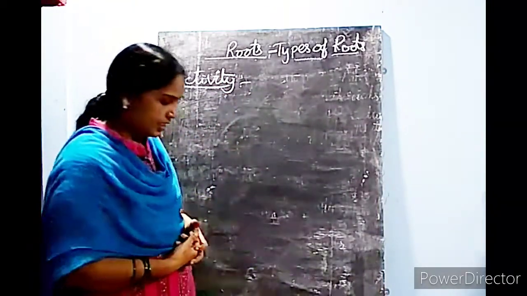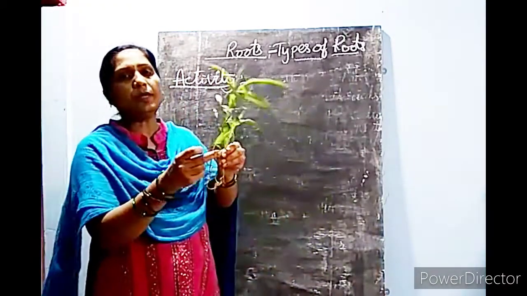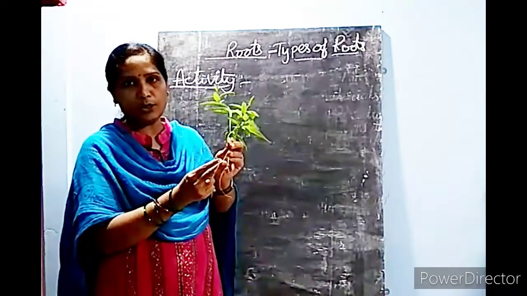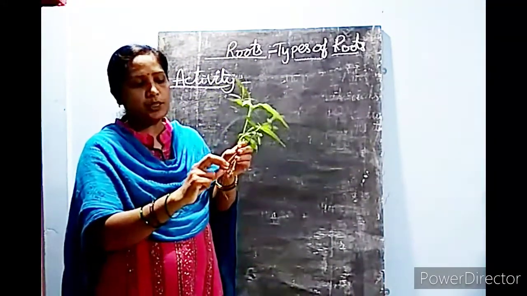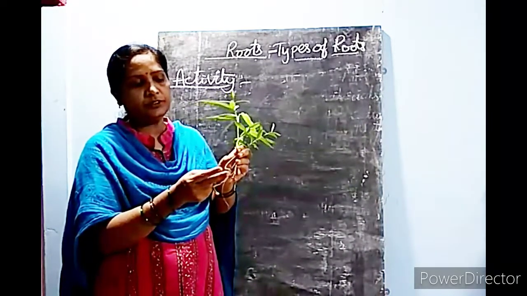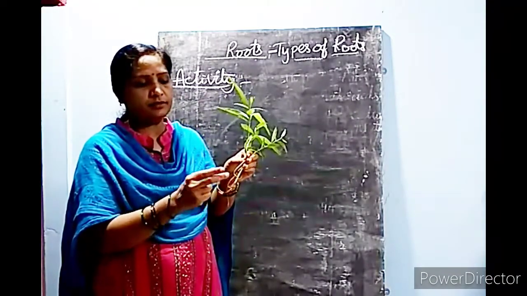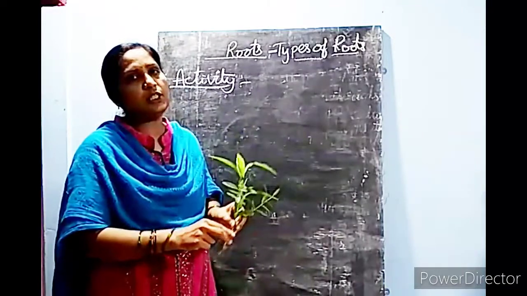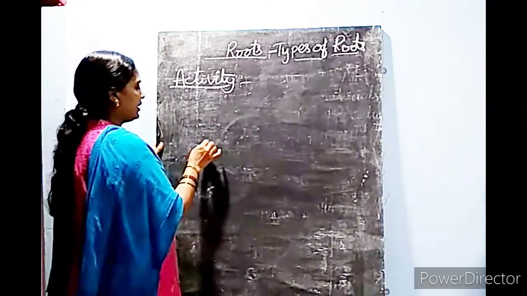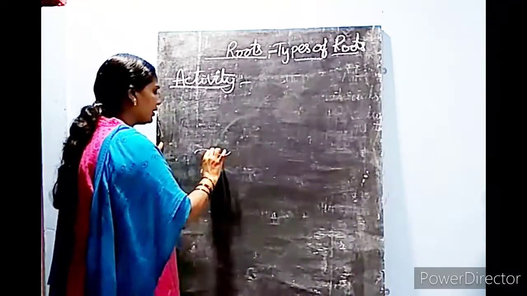For this activity, you choose any two plants. For one plant, cut all the roots, and for the other plant, don't disturb anything, and plant it in the soil. Here we are going to draw this, because you are supposed to draw this in your volume book.